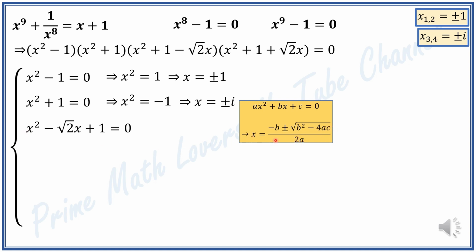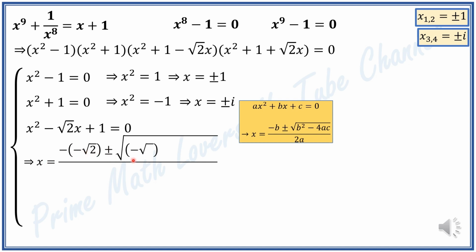In our equation, a is 1, b is negative square root of 2, and c is 1. So x will be equal to minus b, minus root of 2, plus or minus square root of root of 2 squared minus 4 times 1 times 1, divided by 2 times 1.